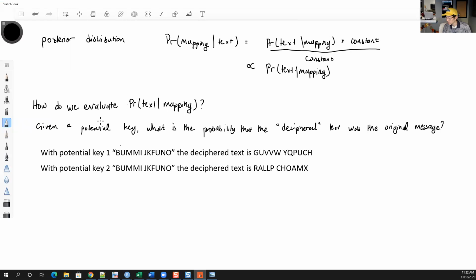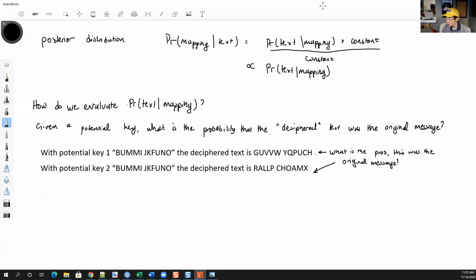Okay. So with this potential key, the deciphered text is this, and we want to know what is the probability that this was the original message. And then versus that. What is the probability of that text versus this text?